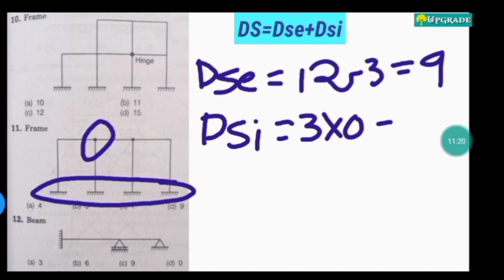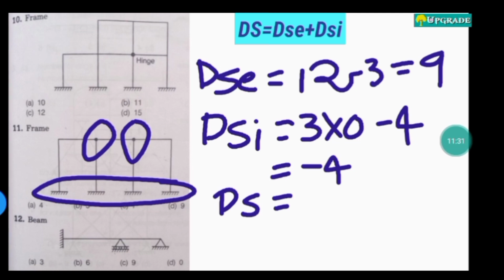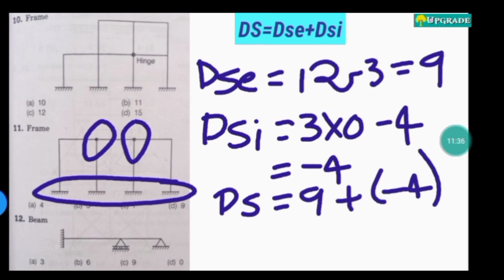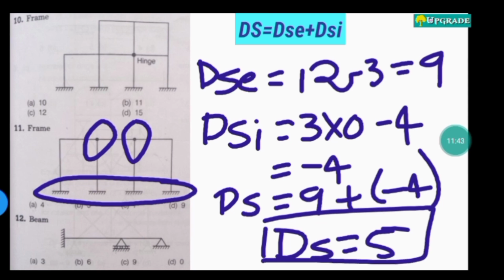So that is 3 minus 1, so that is 2, and this is 2, so therefore 4. Okay, so DSI will become minus 4. So therefore, so DS formula will be DSC plus DSI. So DSC 9 plus DSI minus 4. So therefore the value of DS for this question is, so 9 minus 4, so that is 5. So answer is 5. So option B is correct.